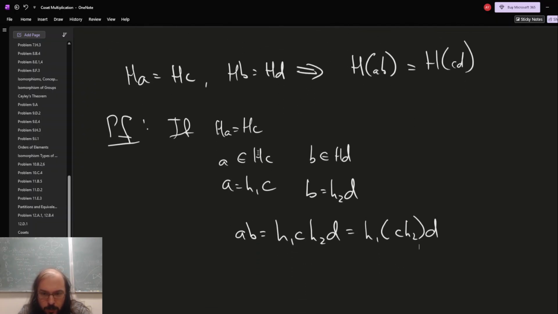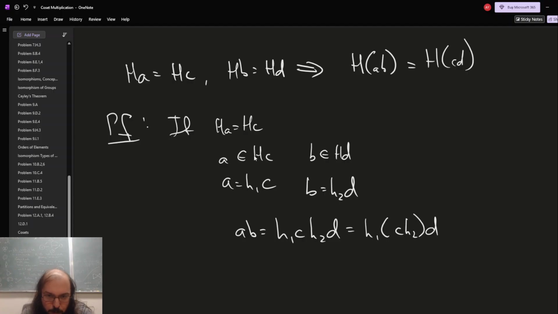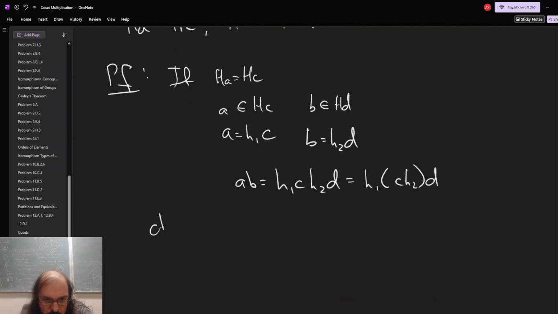These are for normal subgroups. And so Ch2, the proof goes on just fine. Ch2 is a member of CH, but that is the same thing as HC. And now this is kind of the magic: because these are the same thing, it must be that Ch2 is equal to h3C because it belongs to HC.